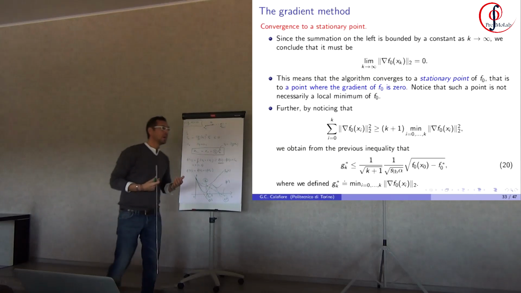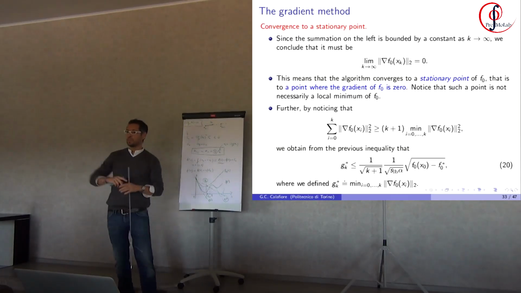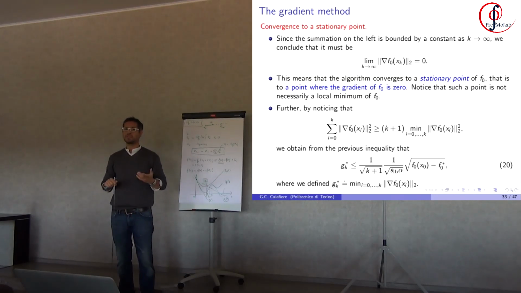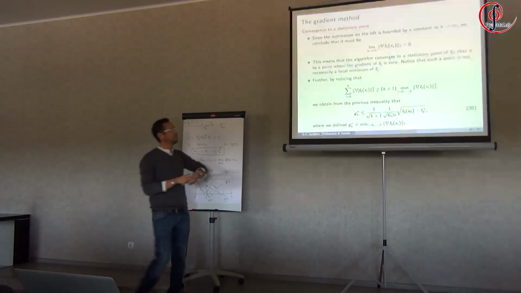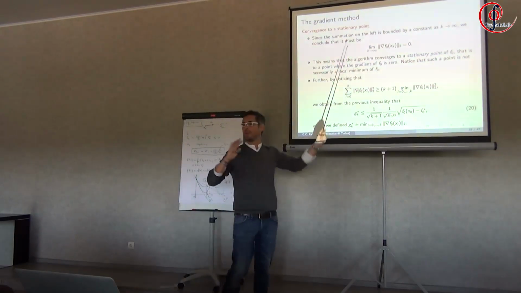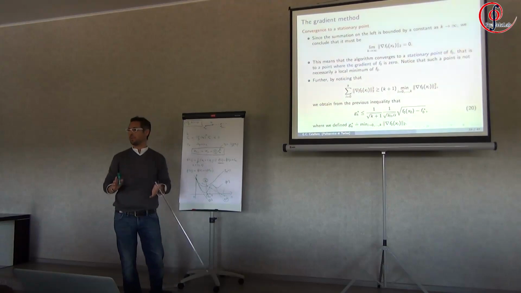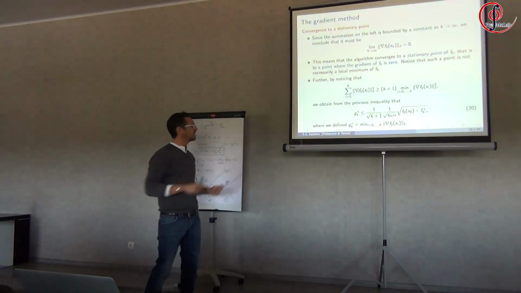Well, of course, stationary points can be minima, maxima, inflection points or saddle points of a function in general. If there is no convexity requirement, this doesn't mean that we converge to a minimum. It only means that we converge to a stationary point. And that's all we can say in this kind of generality.